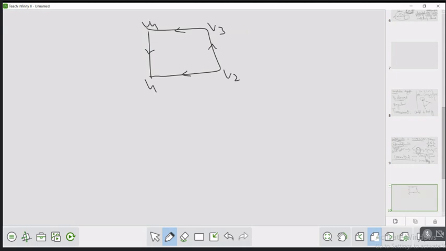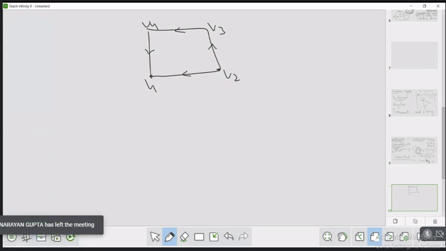Now tell me, is it a strongly connected digraph or a weakly connected digraph? From this vertex to this vertex, there exists at least one directed path.